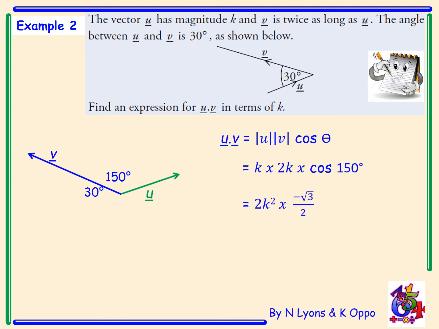Simplified, k multiplied by 2k will give 2k squared, and cos of 150 degrees is negative root 3 over 2. We can cancel the 2 beside the k squared and the 2 in the bottom of the fraction to give a final answer of negative root 3 k squared.